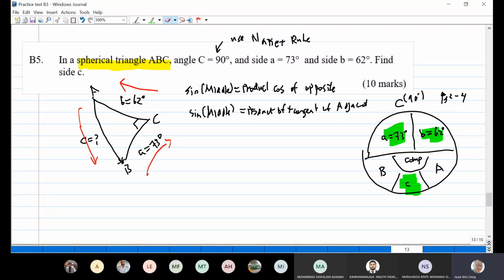So remember, C has a complement here. So what you actually have is the sine of co-C. The sine of co-C length here is equal to the product of cosine of A and cosine of B. So we are actually using the first formula here.